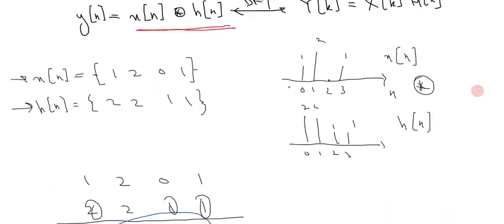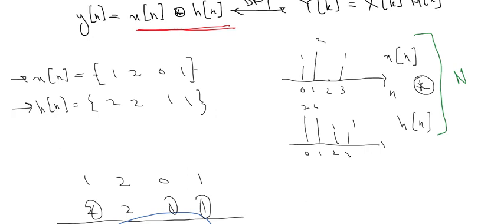Now you may ask, if x of n and h of n are not of equal length, if x of n has more samples as compared to h of n, then for circular convolution you need both sequences of equal length. So in order to make both signals of equal length, you will have to insert zeros in the sequence which is shorter in length.